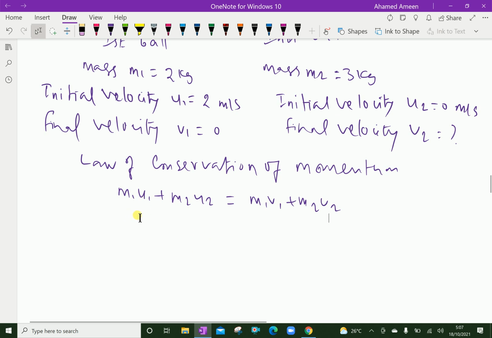The left side is the initial momentum of the first ball plus the initial momentum of the second ball, that is the total initial momentum of the two balls. The right side is the final momentum of the two balls. Now we'll apply the values.